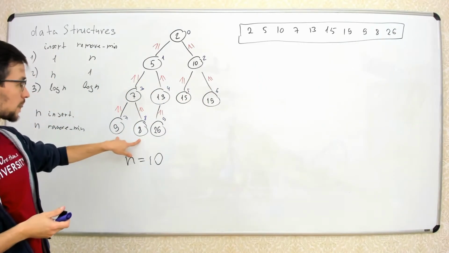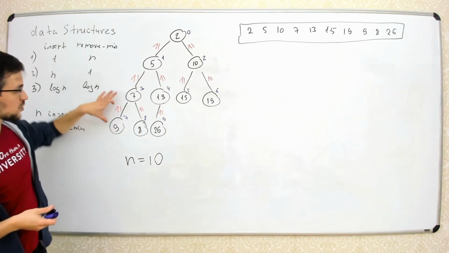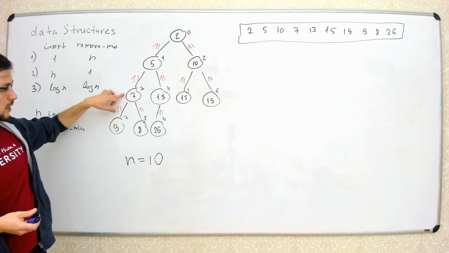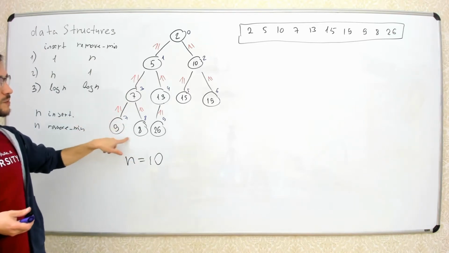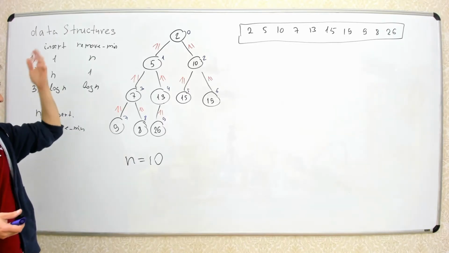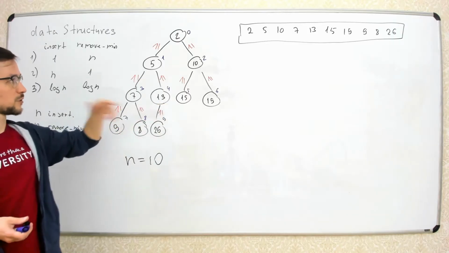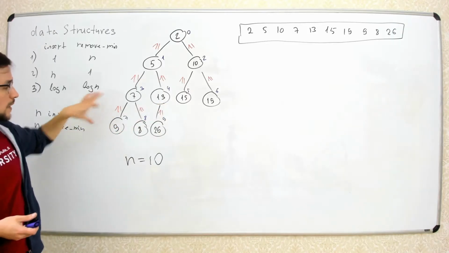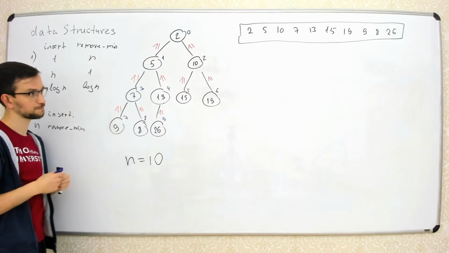No, it doesn't matter. We only need the relation between an element and its parent. So these two elements have no relation, so they may be in any order. And this element and this element may go in different order, and so on. We only need to maintain the relation between the element and its parent.